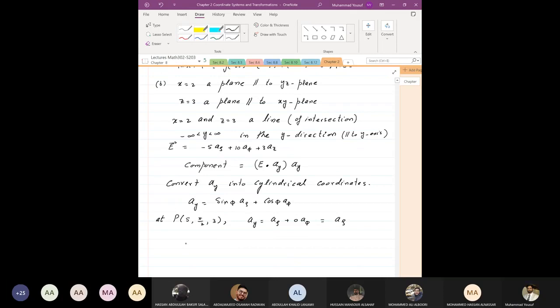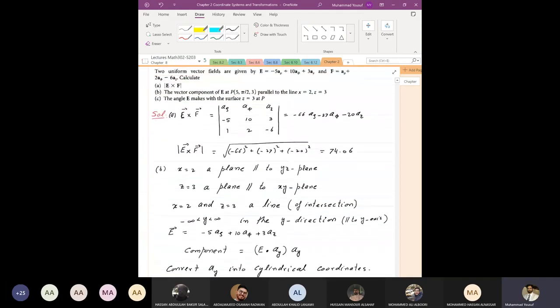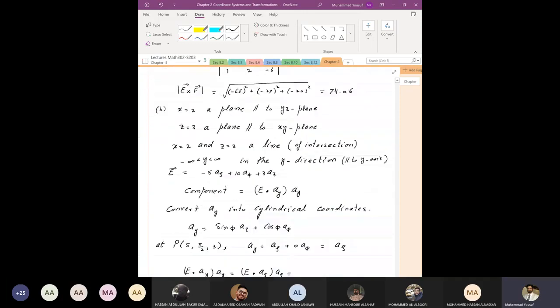So now we can compute E dot a_y, the unit vector in the direction of this line, which is equal to E dot a_rho, times a_rho. What is the rho component of vector E? It is negative 5.